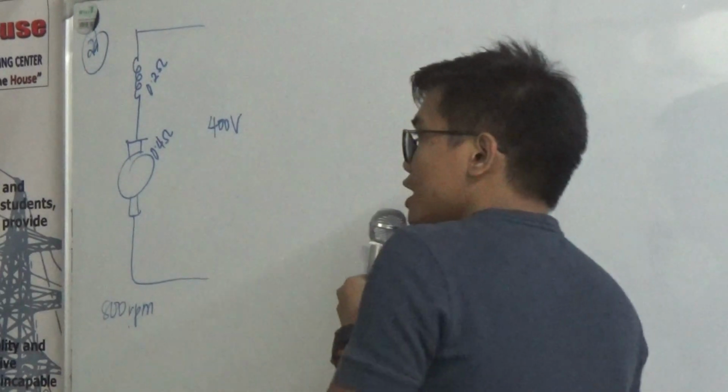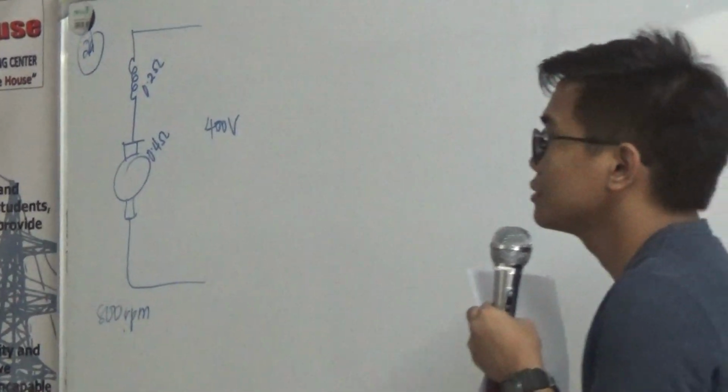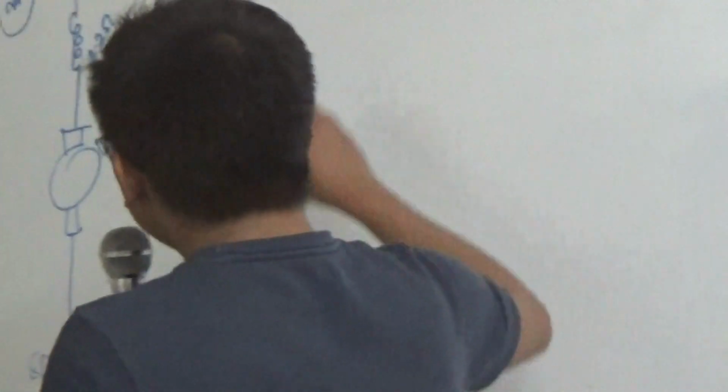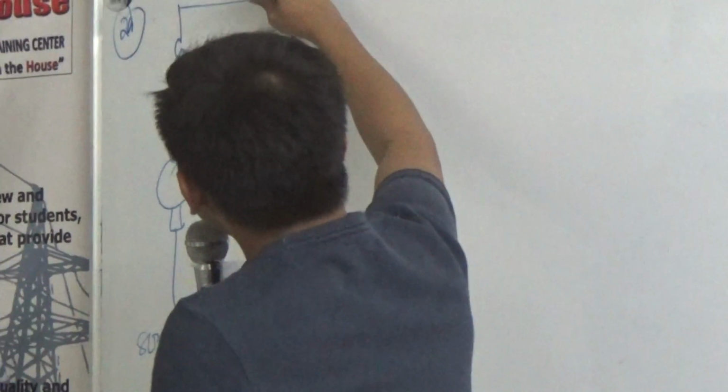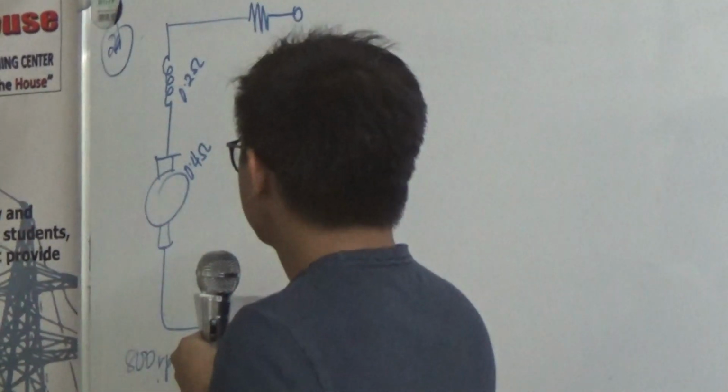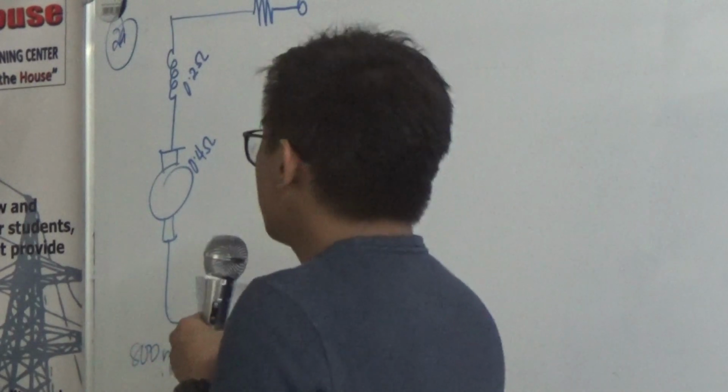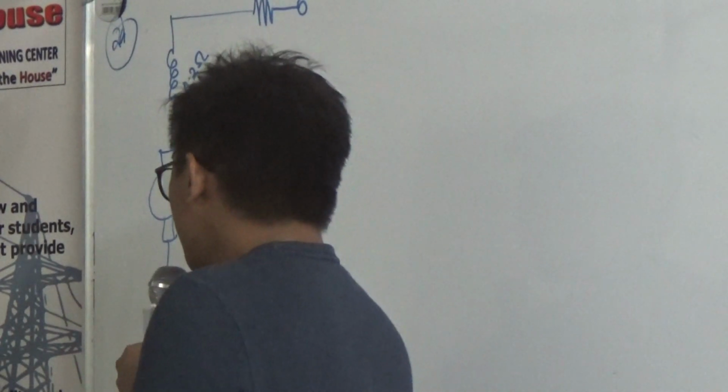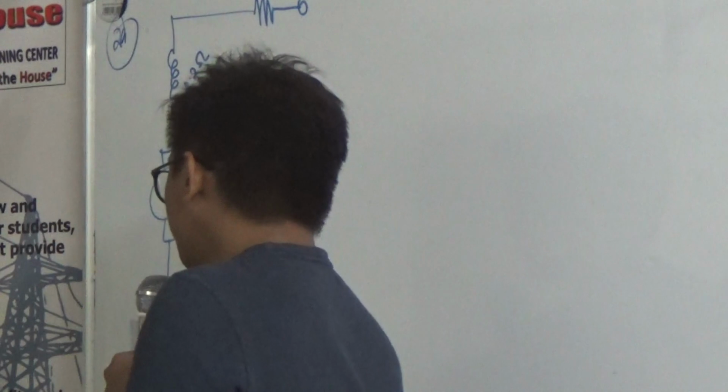So determine the resistance to be connected in series para reduce yung speed niya from 800 maging 600 RPM.